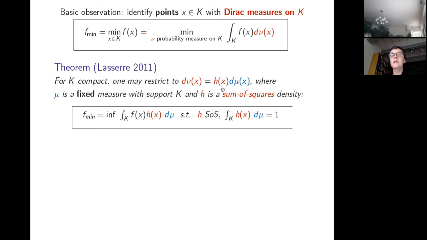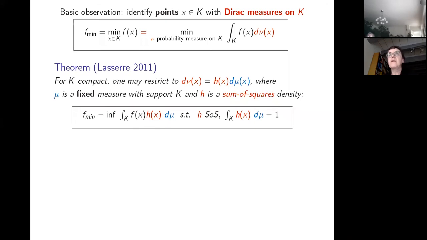It's enough to restrict yourself to sum of squares density functions. This is the claim. The minimum of f, you get it by searching for a sum of squares h which gives you a probability measure on K, meaning the integral of h d mu is equal to 1, and then you minimize the expected value of f with respect to this measure, the measure with density function h with respect to mu.